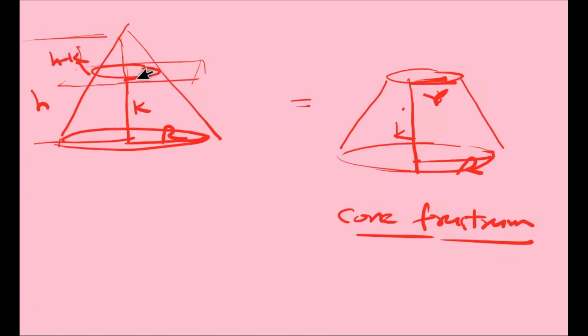Okay, let it be small r, it is capital R. Let me draw a perpendicular again here. This is also k, and this is R minus r. Now using similar triangles, we get the ratio. What is the ratio? That is h minus k upon k equal to small r upon R minus r.